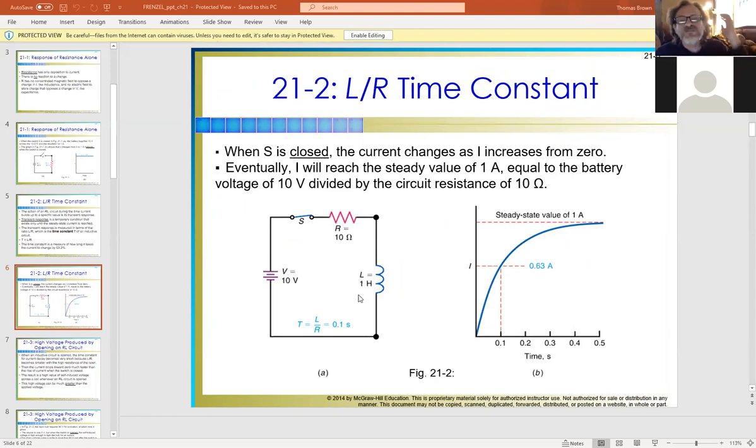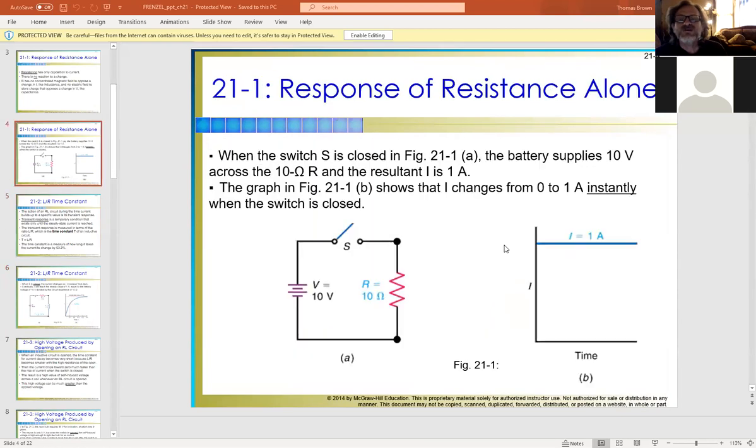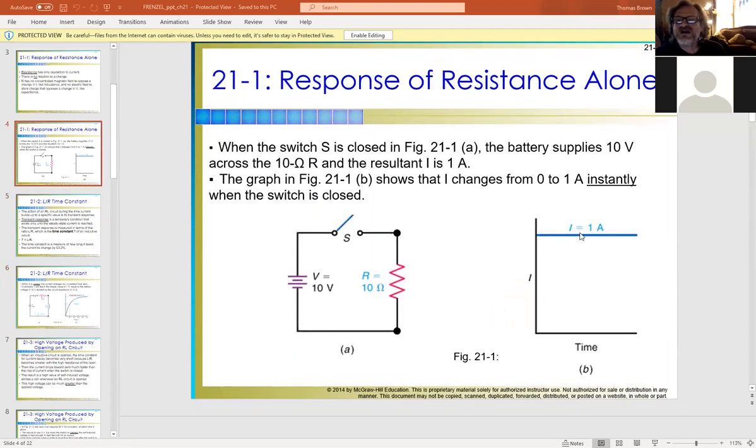But by the graph here, we can see that the inductor doesn't quite go along with that. The time it takes before it gets to its steady state is half a second. Whereas if we go back and look at the resistor, the graph of that current shows it was ready to go right from the get-go.